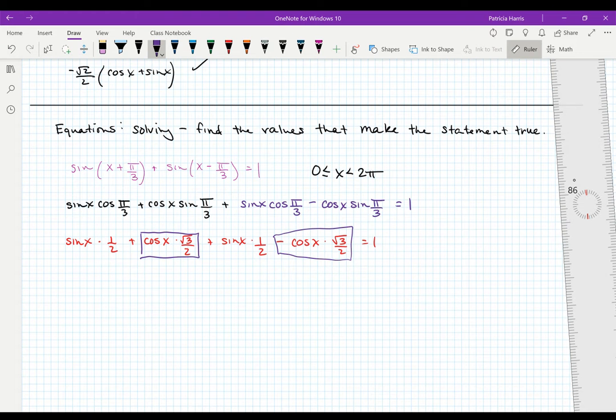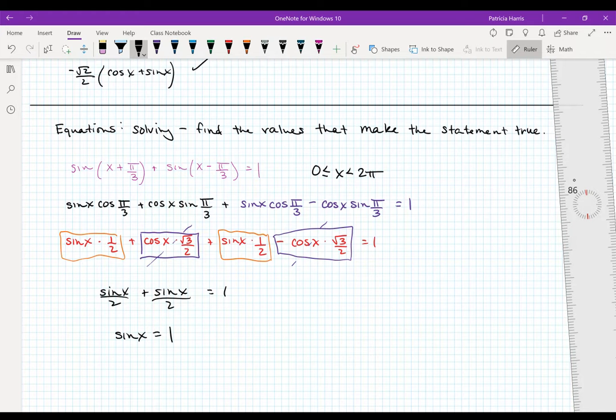Notice they are opposites, so I can cancel those out. Now I've got another set of like terms. So I have sine of x over 2 plus sine of x over 2 equals 1. Sine of x over 2 plus sine of x over 2 is sine of x. So I have sine of x is equal to 1.